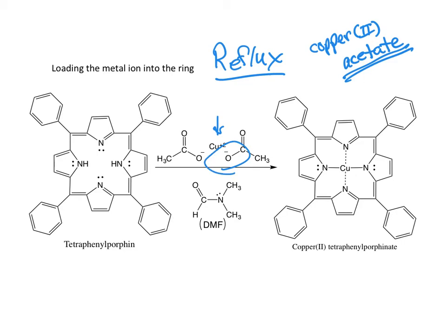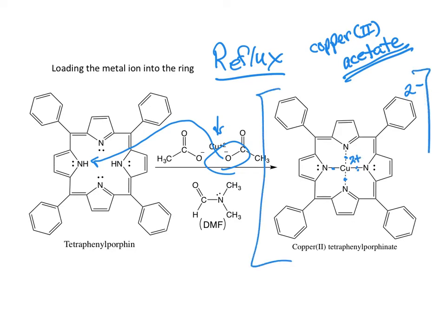And so we are going to use the basic acetate ions to accept the hydrogen ions from the nitrogens to create 4 potential coordination spots for our copper 2. And so when we deprotonate that, our overall ring becomes 2-, but our copper is 2+, so our overall complex has 0 charge.